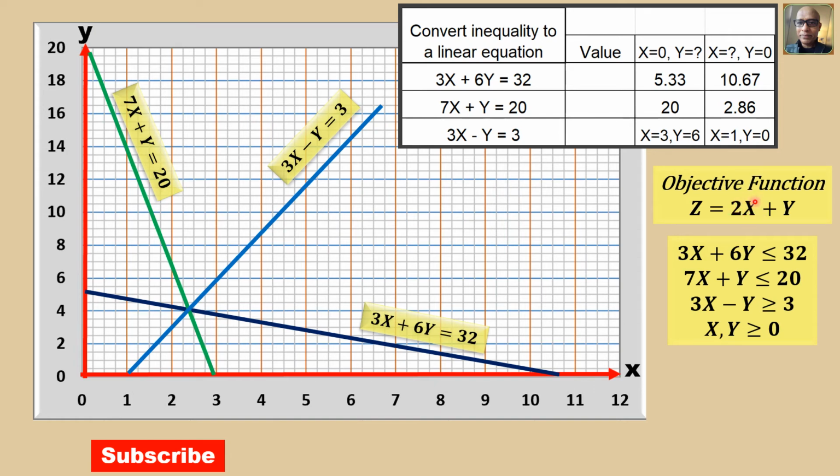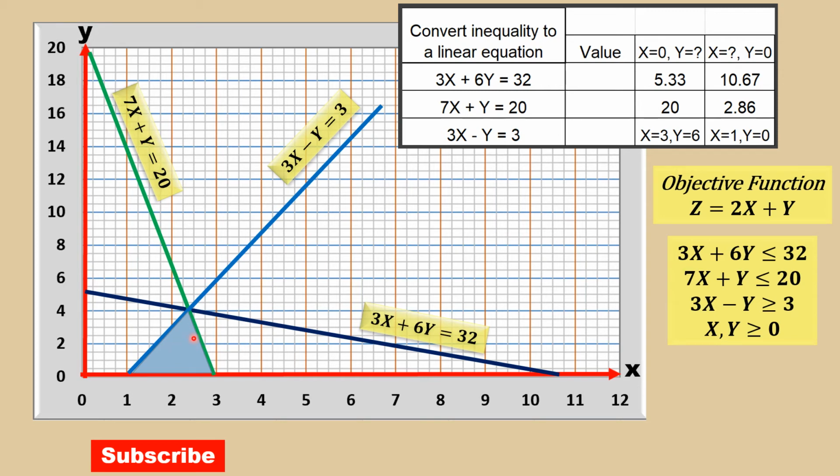So x is more profitable. So our region will be on this side. So this is our feasible region. I put some color on it. So this is the feasible region we have.